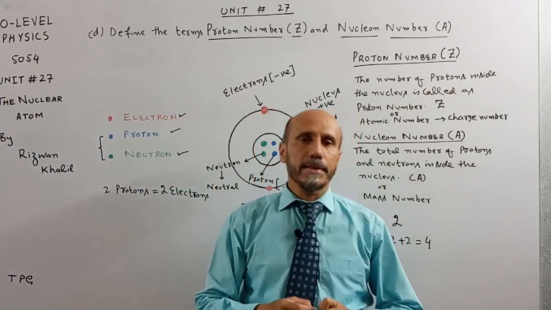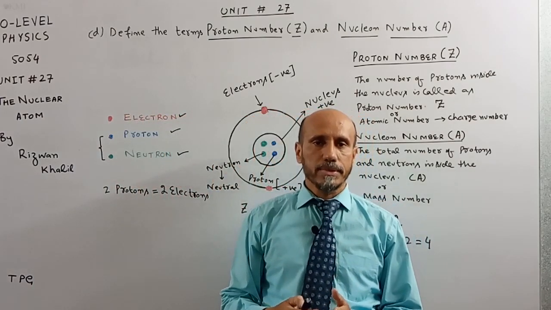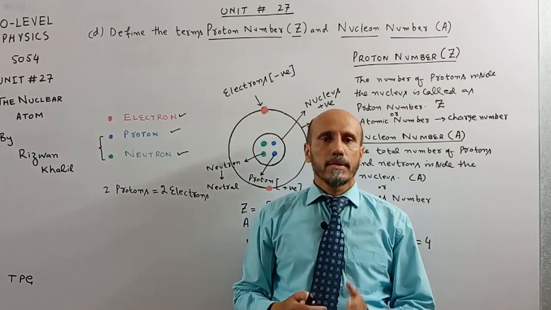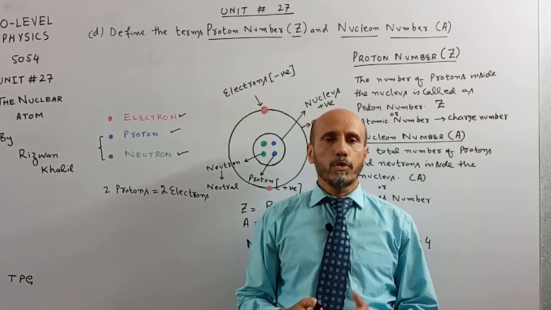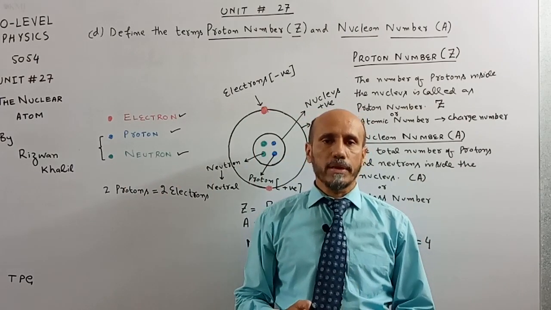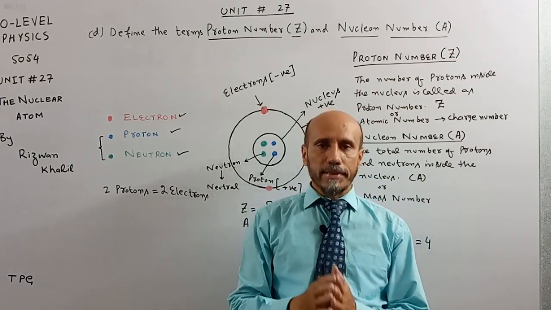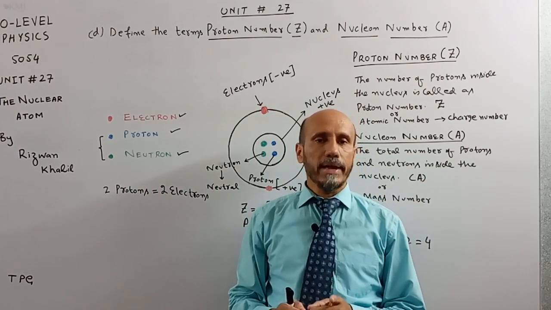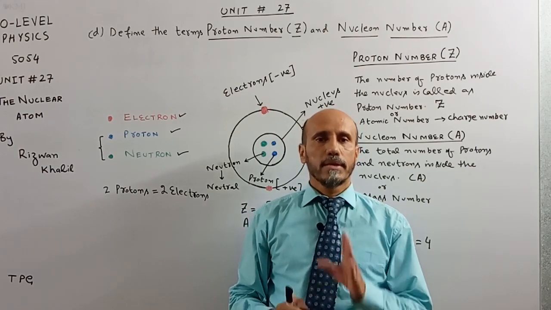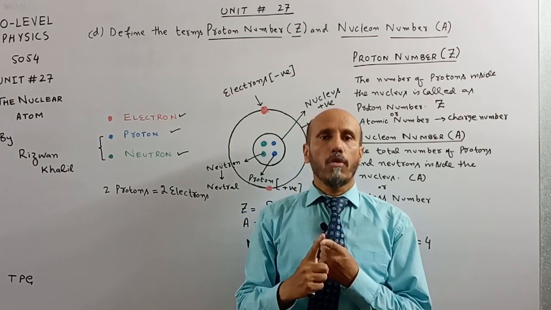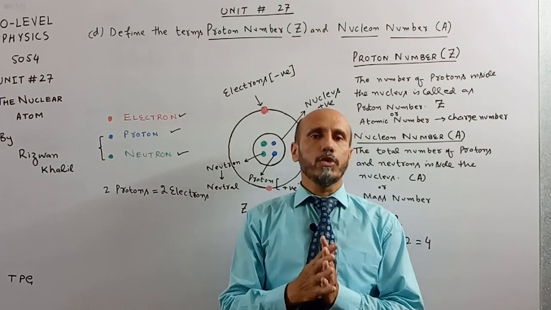So in this learning outcome, we have studied two different terms. Number one, proton number, and number two, nucleon number. What was proton number? It was the number of protons inside the nucleus, denoted by capital Z. Alternate name of proton number was charge number or atomic number. While what was nucleon number?